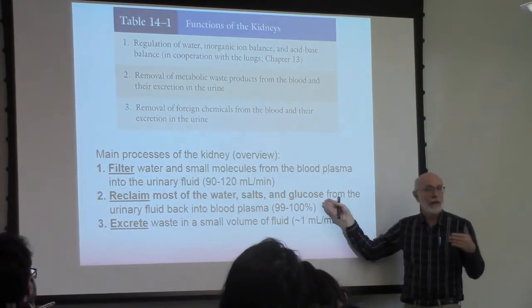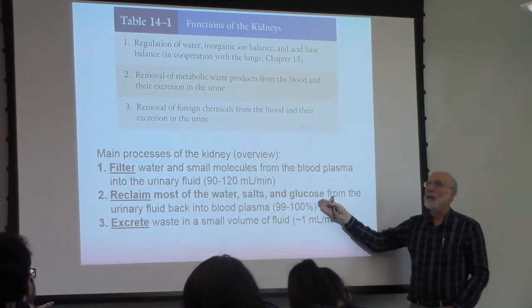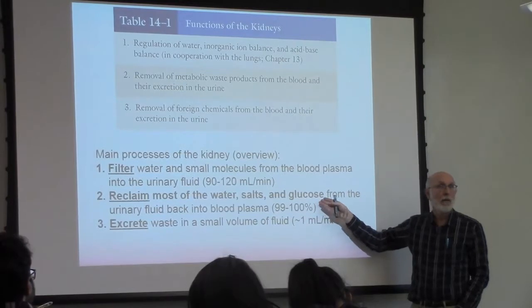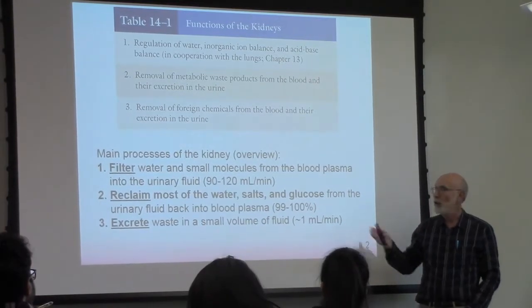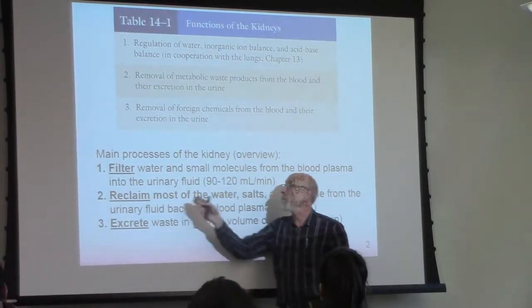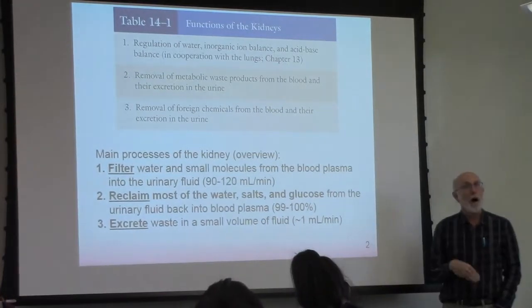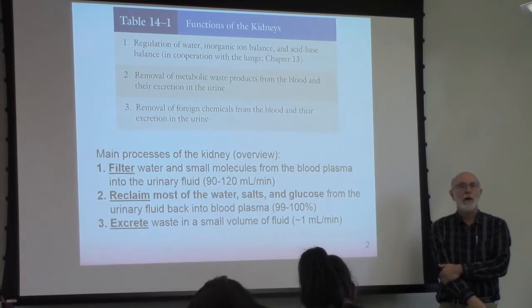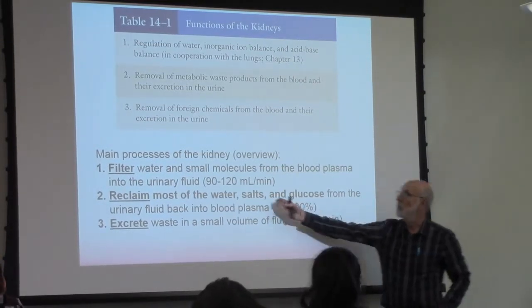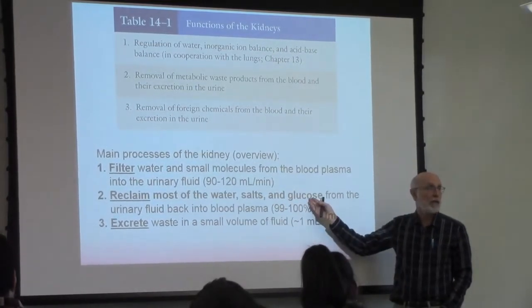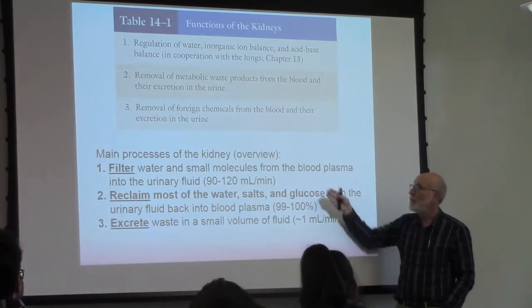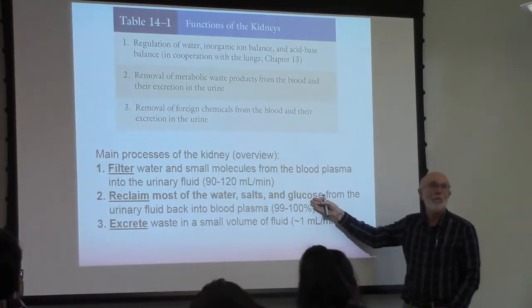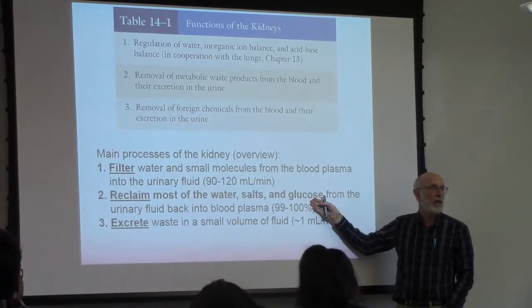Then our kidneys are going to recover. Reabsorb is the official word. Recover or reclaim most of what we want. We want to conserve water. We want to recover water. We want to recover ions, we want to recover glucose that's in the blood. So we filter it out, and then we recover what we want.